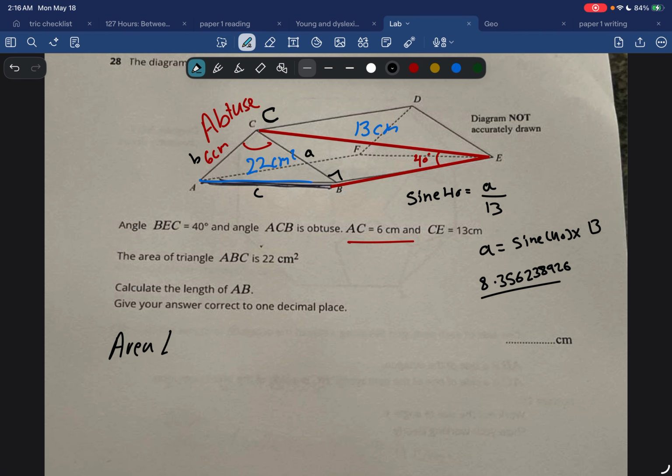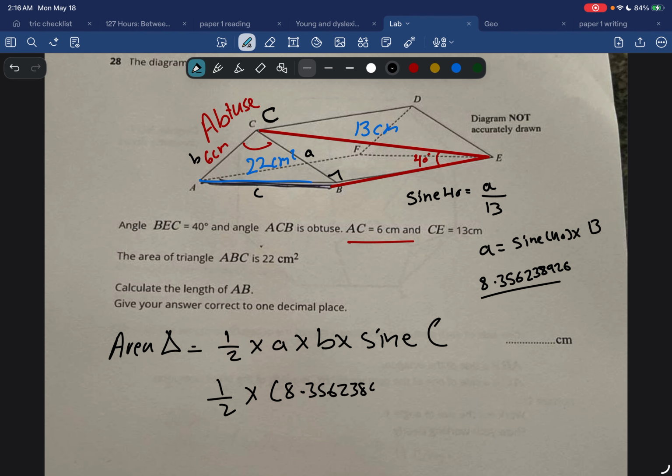It's going to equal half times a, times b, times sine, obviously C. So half times the value of a, which is 8.356238926, or just simply press ANS on your calculator, times the value of b, which is 6, and times sine C, which we are trying to find. All of this is equal to the area given in this question, which is 22.